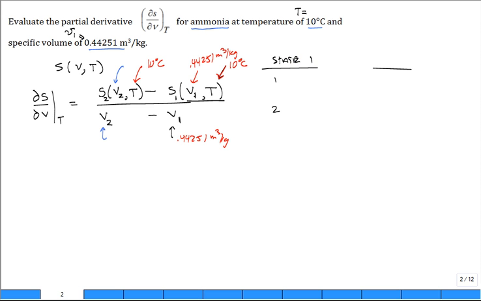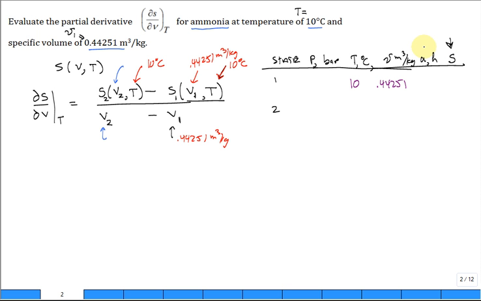It's characterized by pressure, in units of maybe bar, because that's in our table for ammonia, and temperature in degrees C, and specific volume in meters cubed per kilogram. So go into that table looking at 10 degrees C and 0.44251 and see if you can find pressure. See if you can find internal energy, enthalpy, and entropy. Really, the entropy is the one we're interested in.